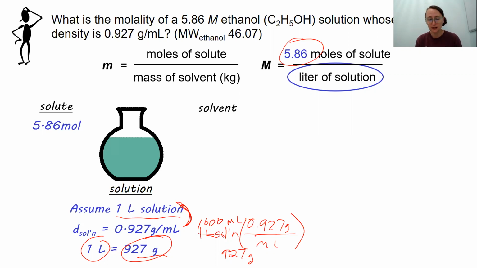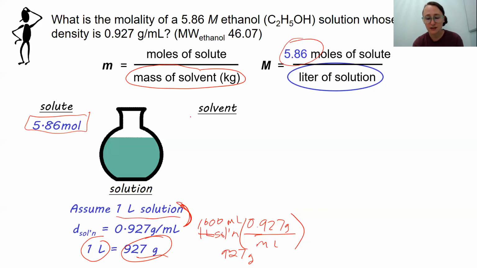Well, it kind of feels like we're stuck a little bit, but let's move on to our solute. We have moles of solute, and we really need to know some other pieces here. We need to know the mass of the solvent to solve this question.